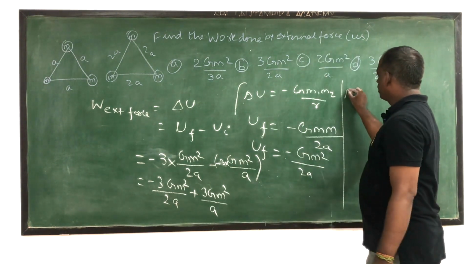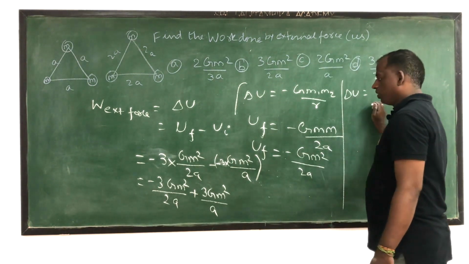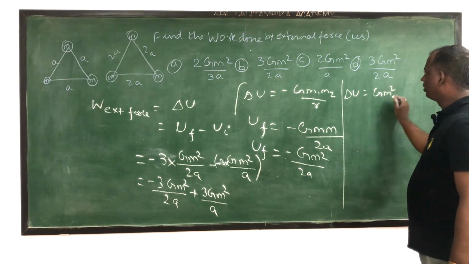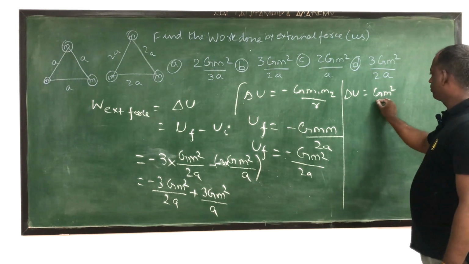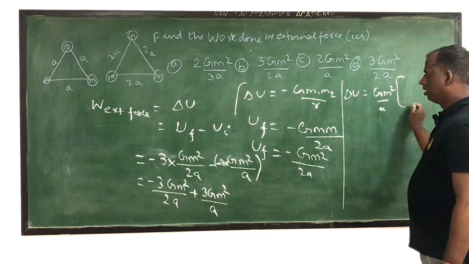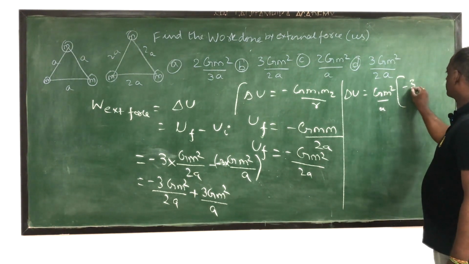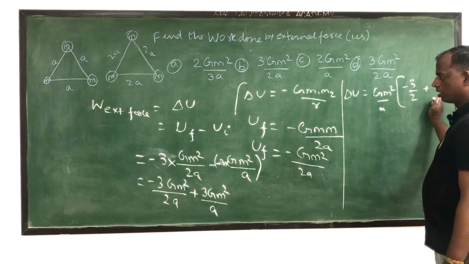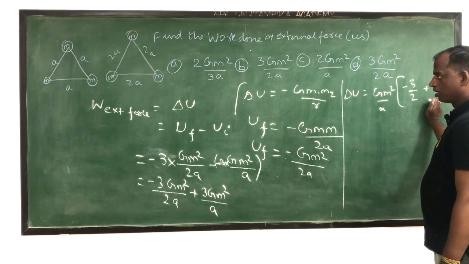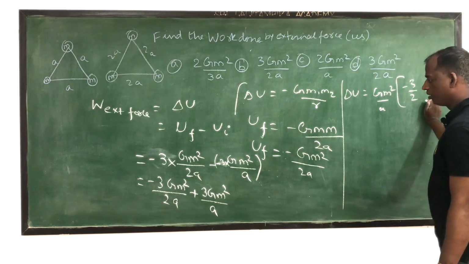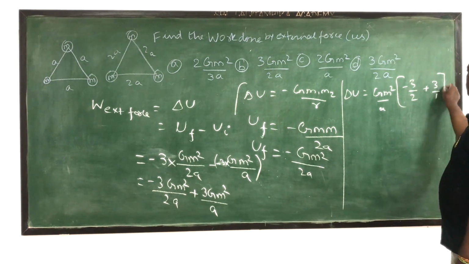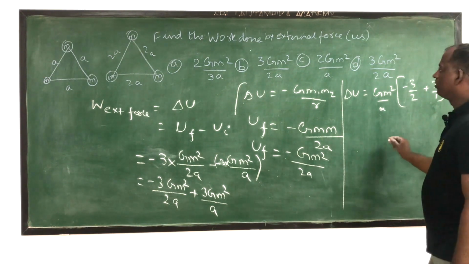So what is the potential energy? GM square by a common, we will get minus 3 by 2 plus, it will be plus 3 by 1.